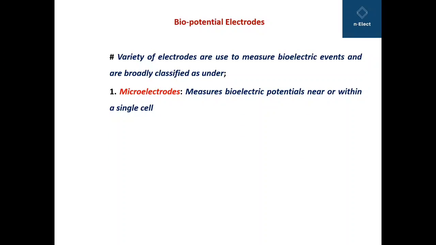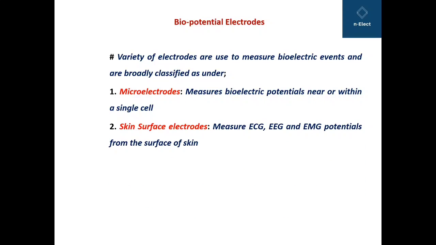One, microelectrodes. When one requires to measure the bioelectric potential near or within a cell, then microelectrodes are used. So far as the skin surface electrodes are concerned, they are used to measure EEG, ECG or EMG potentials, that is electrocardiogram, electroencephalogram and electromyogram potentials from the surface of the skin.